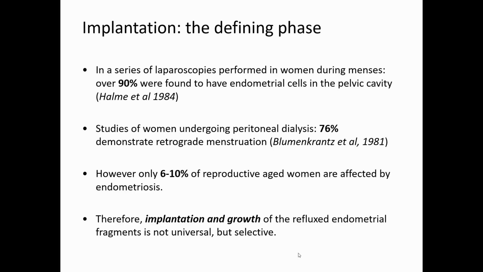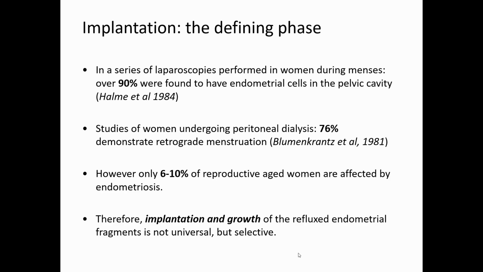In this particular study, the team intentionally performed laparoscopy at the time of menses in order to arrive at an answer as to whether or not retrograde menstruation was unique or prevalent. And their studies demonstrated that retrograde menstruation is actually more likely physiologic than pathologic, given the 90% prevalence of retrograde product in the pelvic cavity.